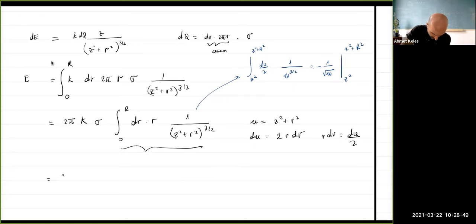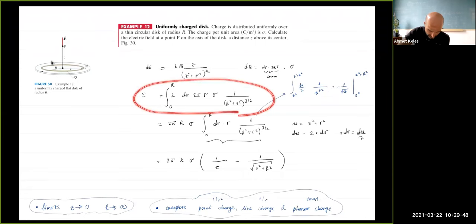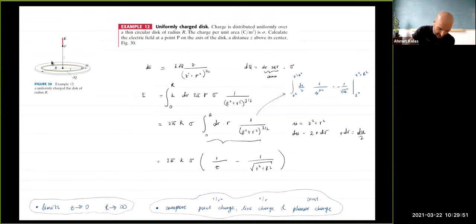So this is equal to 2 pi k sigma, open the parenthesis, 1 over square root of z squared, which is 1 over z, minus 1 over square root of z squared plus r squared. I forgot z. Oh, yes, thank you.